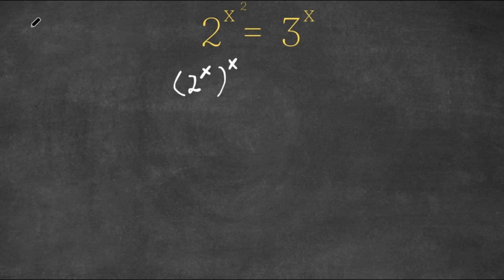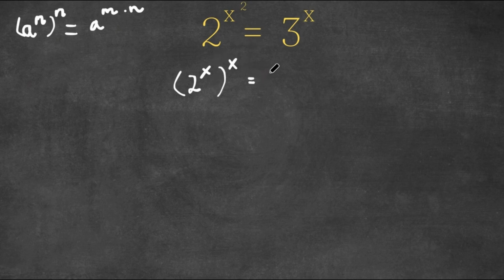So if you guys didn't already know, if we have something in the form a to the power of m to the power of n, this is equal to a to the power of m times n. So as you can see here, 2 to the power of x to the power of x would equal 2 to the power of x squared, because x times x is x squared.